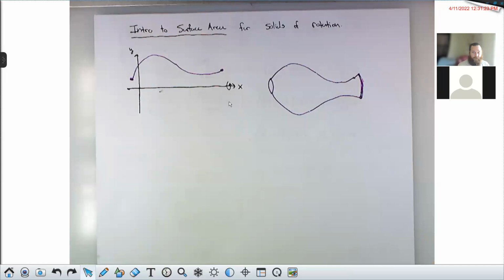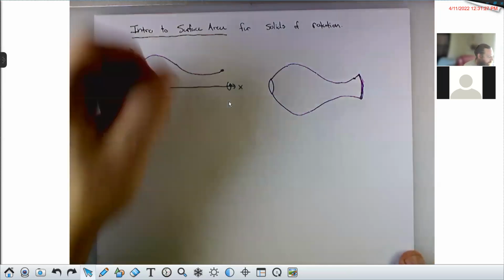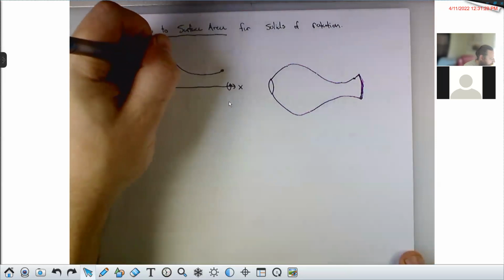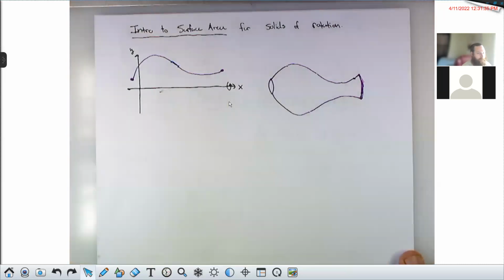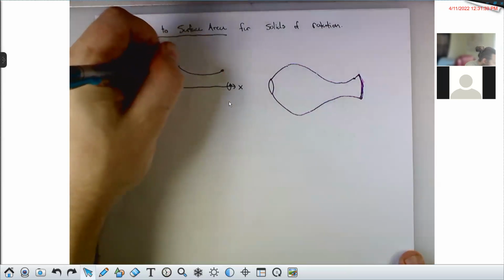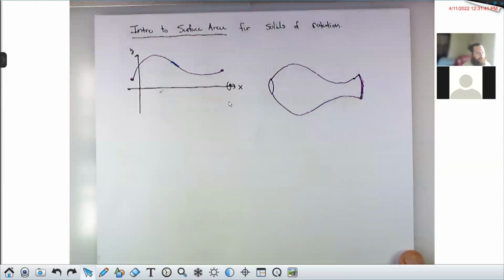The way we do this, analogous to the volume problem, is by taking a little piece of arc length along the curve.